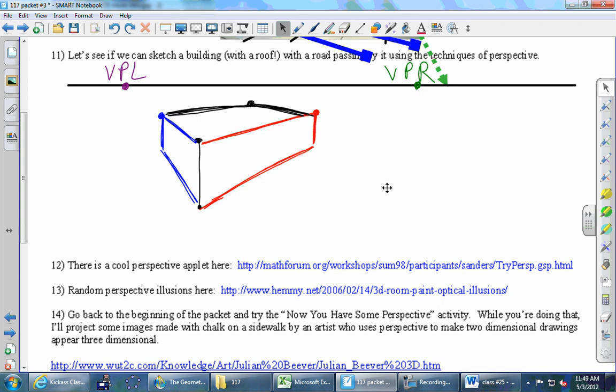Okay, and that right there is a building drawn in correct 2-point perspective. How do yours look? Inviting?